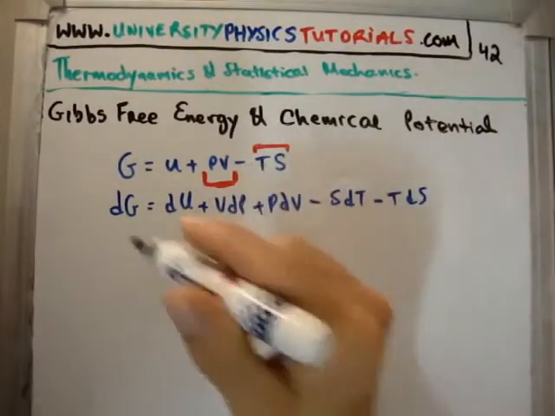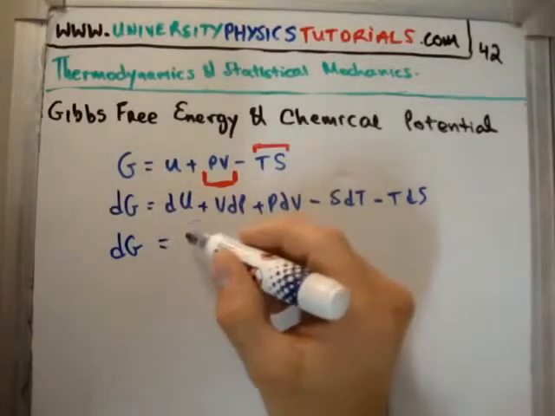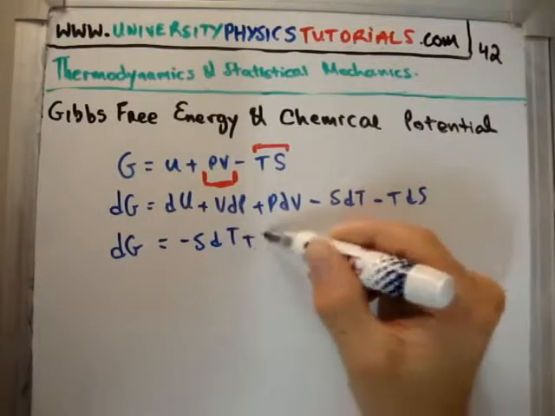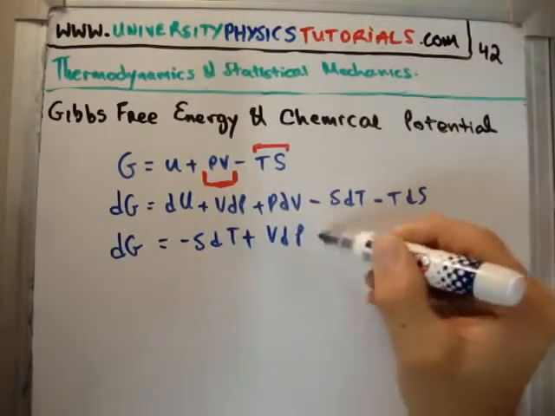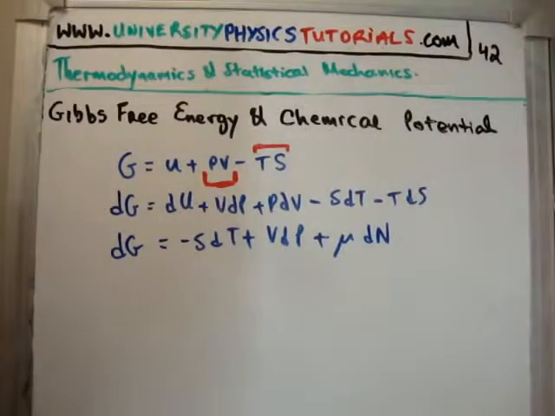That's just by the product rule. So when we subbed in the first law and cancelled out the remaining term, we got minus S dT plus V dP plus mu dN equal to the infinitesimal change in the Gibbs free energy.